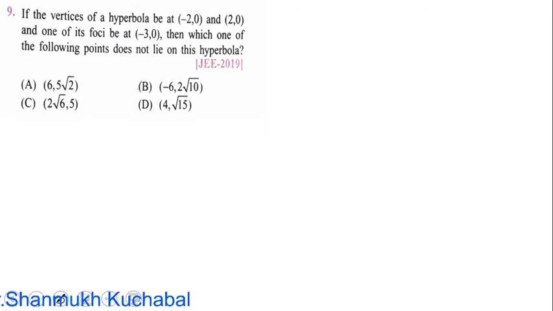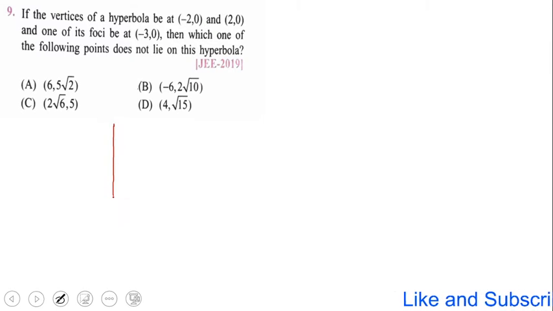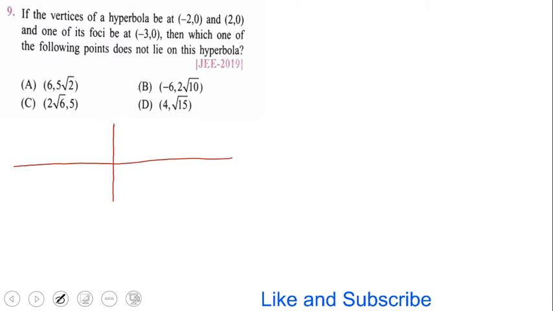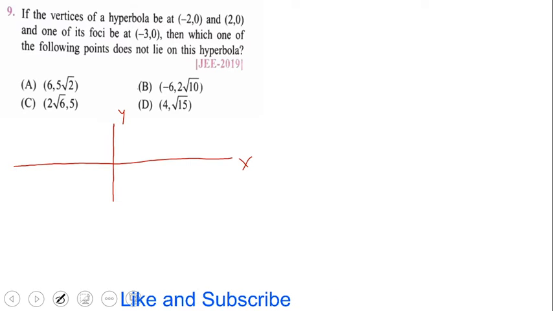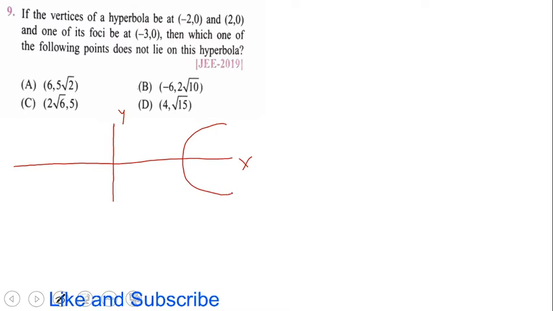So if the vertices of a hyperbola, using a diagram we can understand it in a better way. So first I will draw a diagram. This is our x y coordinate system, this is the x axis, this is the y axis. So this is the hyperbola, both directions it is in this way.